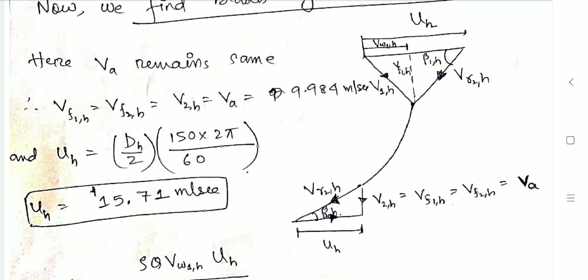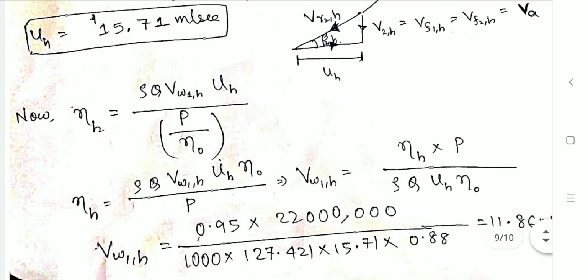Now we calculate the blade linear velocity at the hub, which is equal to dh by 2 times 150 into 2 pi divided by 60, and uh comes out 15.71 meter per second. Now hydraulic efficiency equals rho q vw1h uh divided by P by eta naught.